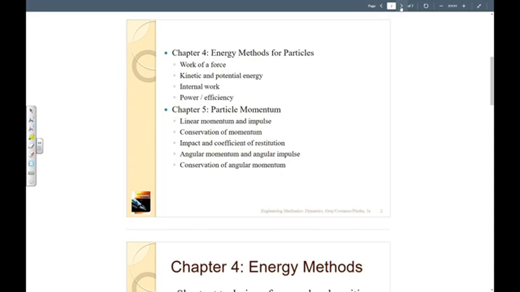Chapter 4, work energy. When you read these problems, your first step is to figure out what path you're going to take. Work energy is a shortcut for speed and position. How fast is that ball going after it rolls down the hill? That's work energy. Chapter 5, momentum, is velocity and time.